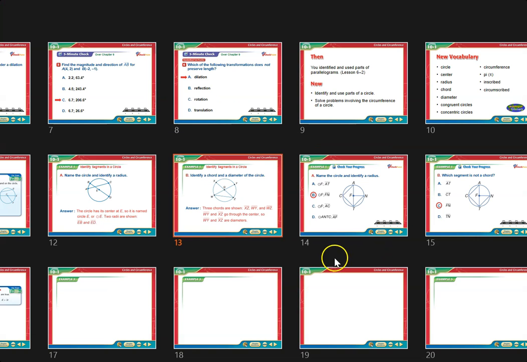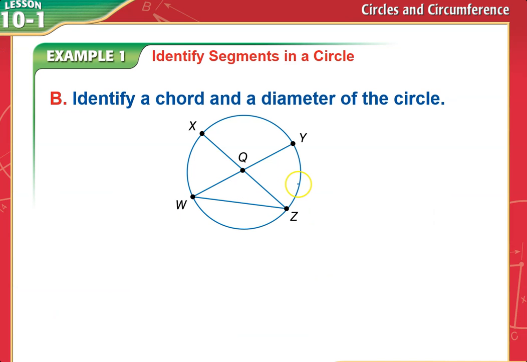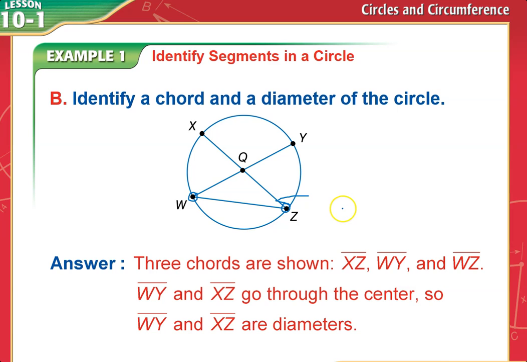Now it says identify a chord. We have a couple of different chords that we can name. Remember, a chord is where the endpoints of the segment are on the circle itself. So we have the endpoints of our segment WZ. We have 3 chords.